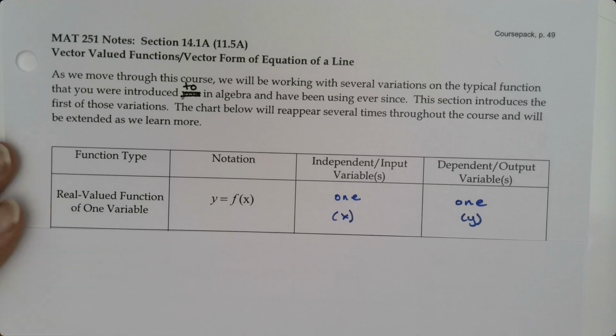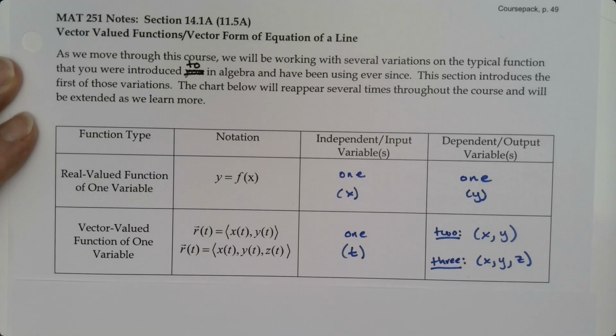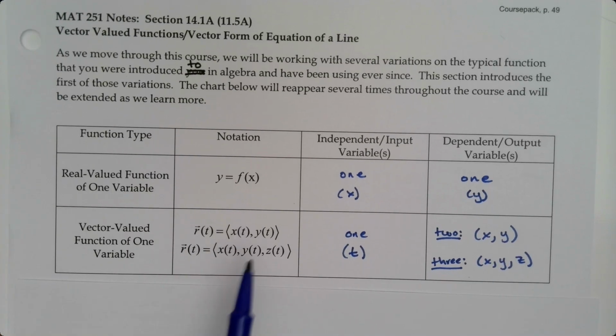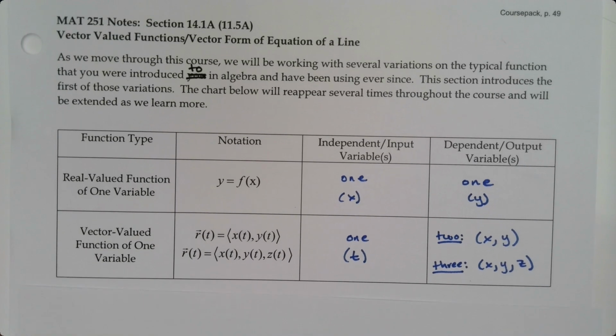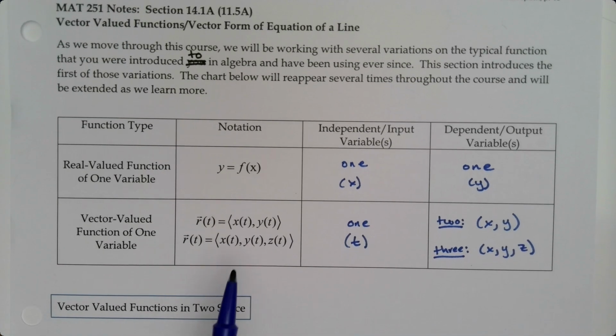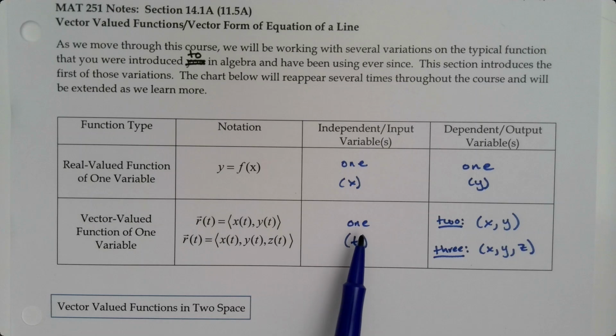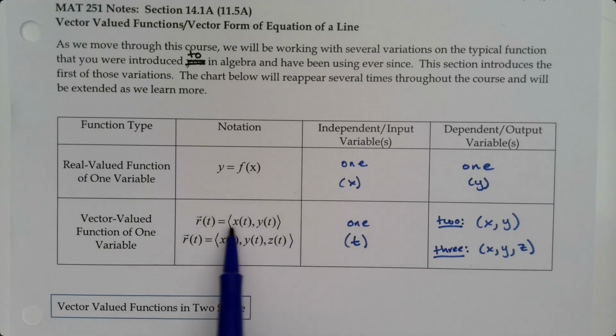And you've actually seen a variation on this before, which is when you're looking at a vector valued function. Instead of x, you actually have t. That should look familiar because we learned about that in parametric equations, right? So you take some parameter t, which is one input, one independent variable, and you can get out two outputs, x and y, or three outputs, or more, right?